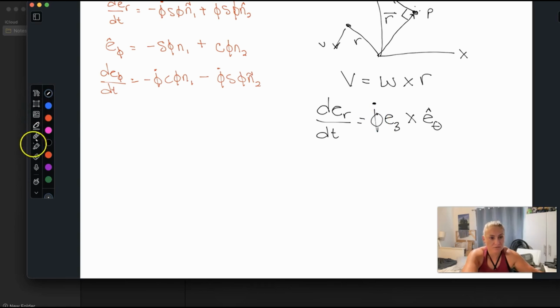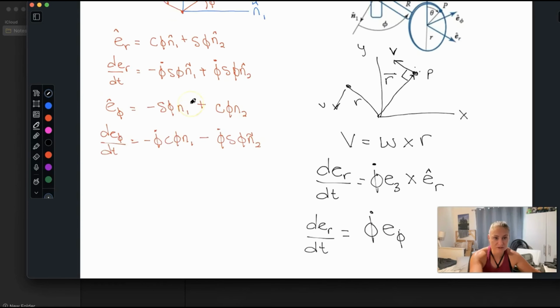This should be, I'm sorry, ER. So now we have, this is velocity, this is your omega, and that is your position vector. So what's the cross product of these two? This is a scalar, so that pulls out. What is the third unit? The third unit is E phi. So the derivative of the unit vector ER with respect to t is equal to phi dot E phi.